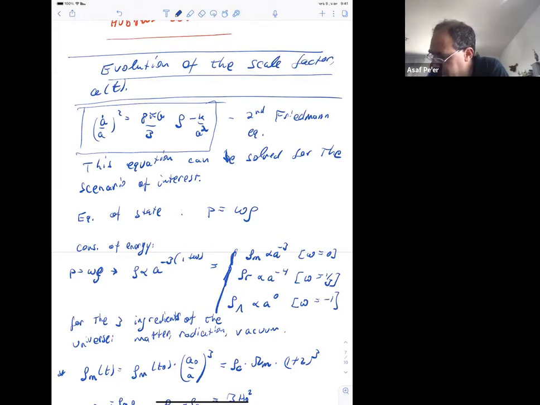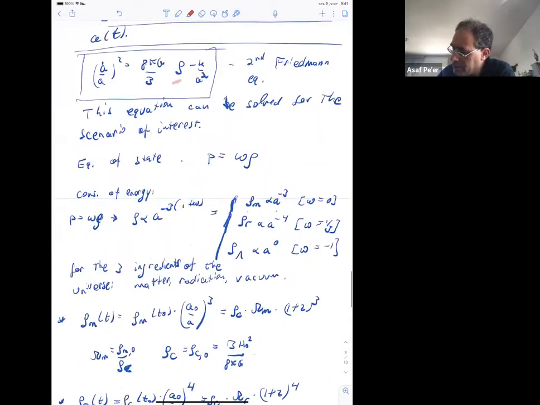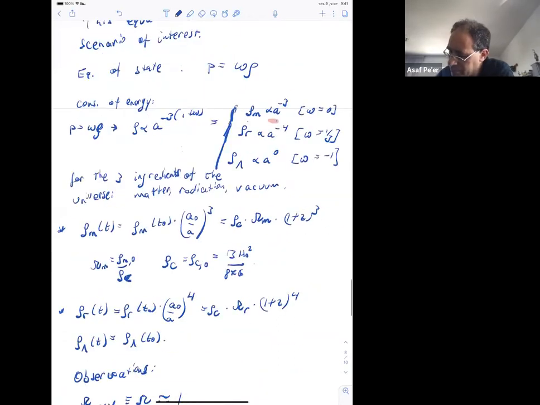So for matter-dominated, rho m goes as a to the minus 3, right? So I can simply plug in a to the minus 3 here, right? And then k is equal to 0, I'll just assume it's 0. And then I can immediately solve this equation. And I end up neglecting everything else, right? Of course, it's a very approximate solution.